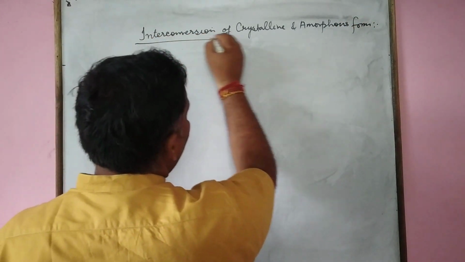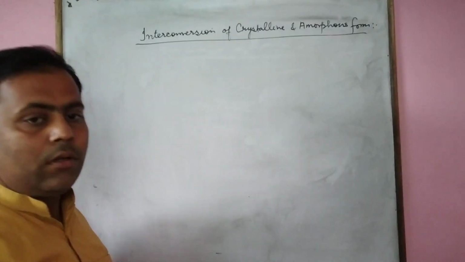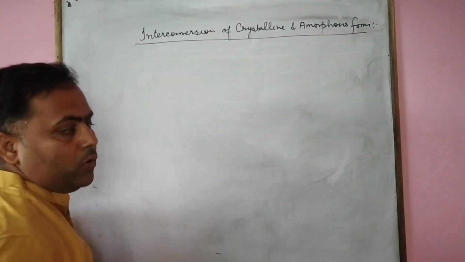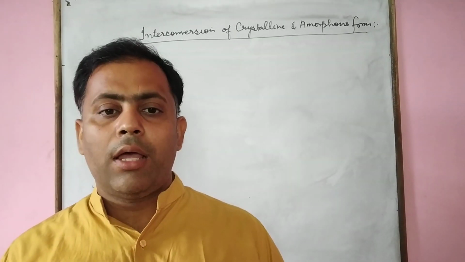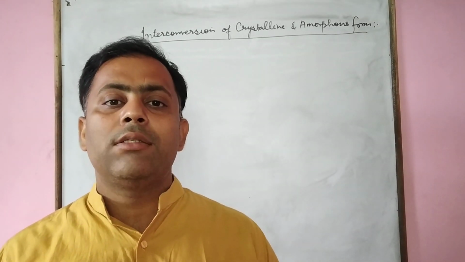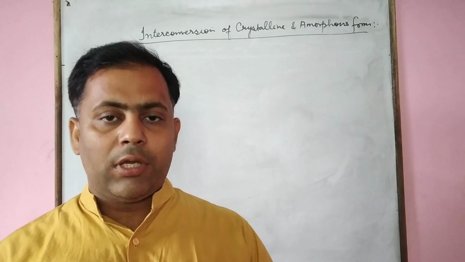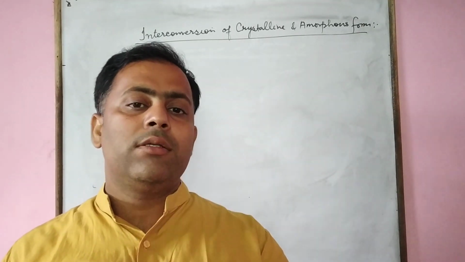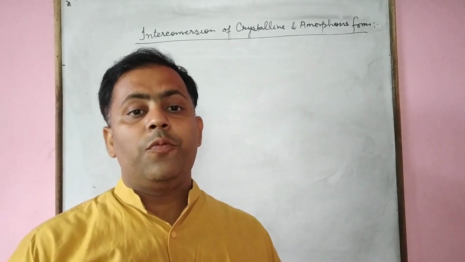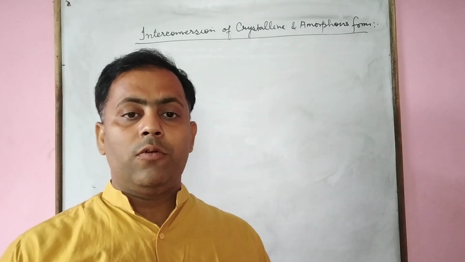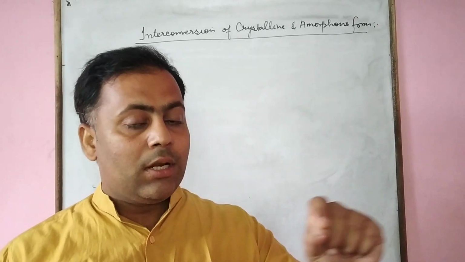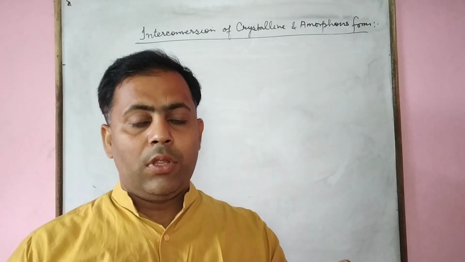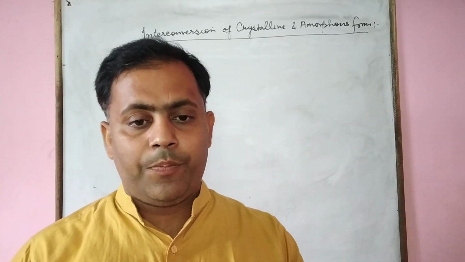How are they interconverted? We know silica, that is SiO2. Silica crystallizes into quartz, which has regular SiO4 4- units. It means if SiO4 4- units are arranged in a regular pattern, then it gives quartz, which is crystalline in nature.